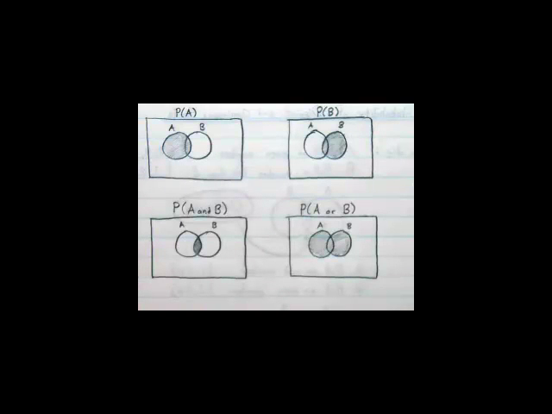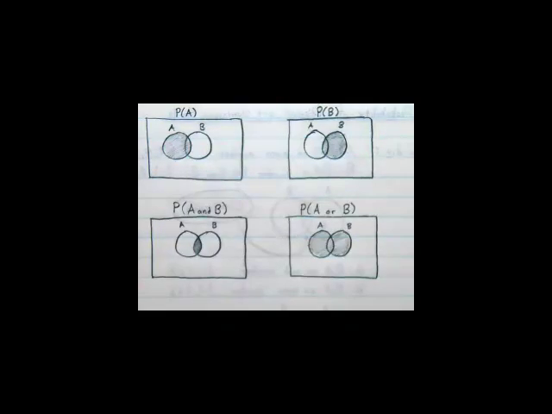So if I do this and this minus this, that gives me this area, right? That's why we have to subtract, because we're counting those things in the middle twice if we don't subtract it away. So it's the probability of A plus the probability of B, but we have to subtract the little piece in the middle that we've counted 2 times, and that gives us the probability of A or B. Okay? So that's why we're doing that.